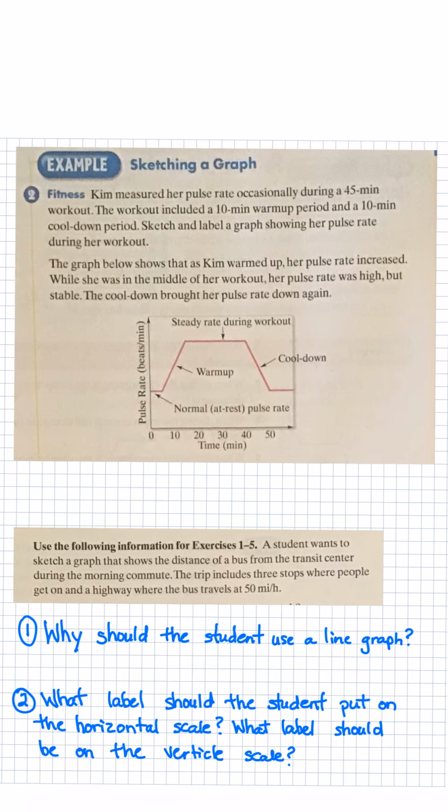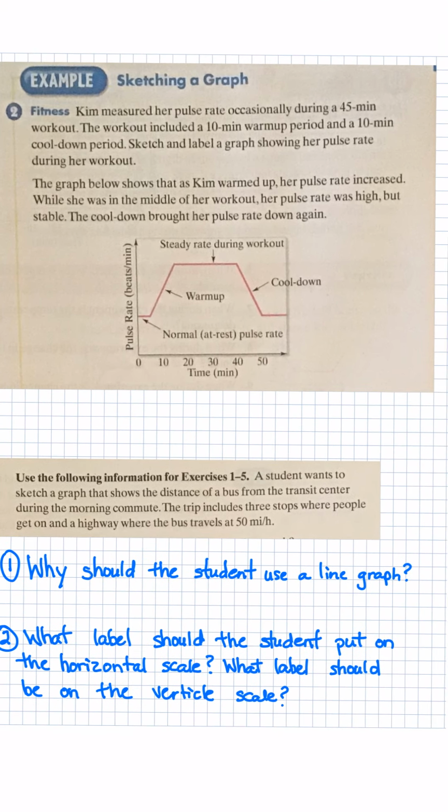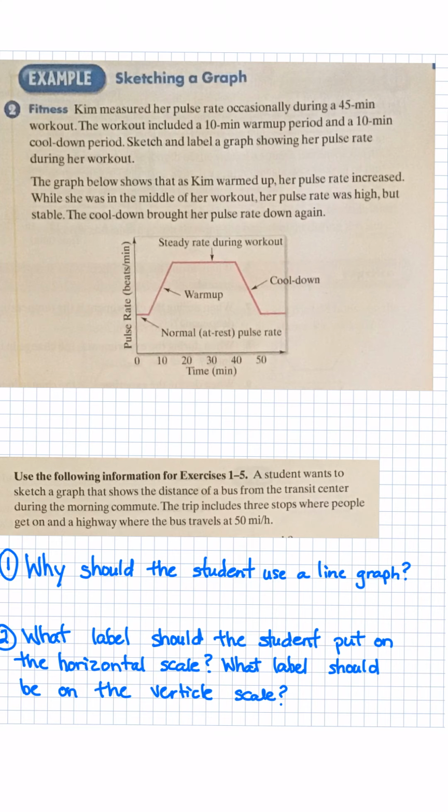Okay. So now let's look at sketching a graph. Kim measured her pulse rate occasionally during a 45-minute workout. The workout included a 10-minute warm-up period and a 10-minute cool down period. Sketch and label a graph showing her pulse rate during her workout.